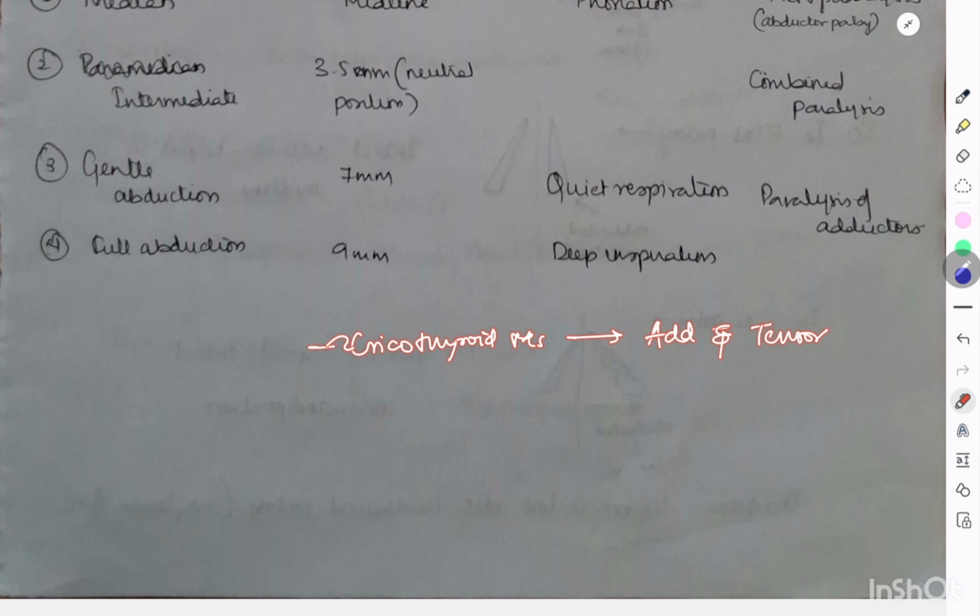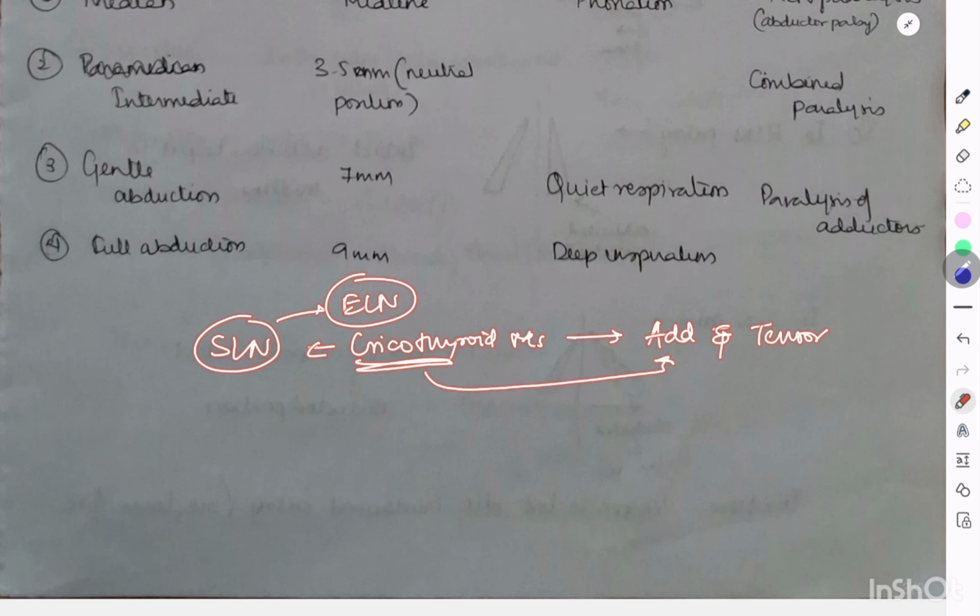So if there is any problem in the superior laryngeal nerve, which gives the branch external laryngeal nerve, there is a problem in the cricothyroid muscle, and the problem is in adduction and tensor. And if there is any problem in the recurrent laryngeal nerve, which supplies all the abductors, there is a problem in abduction of the vocal cord. So you have to keep this in mind.